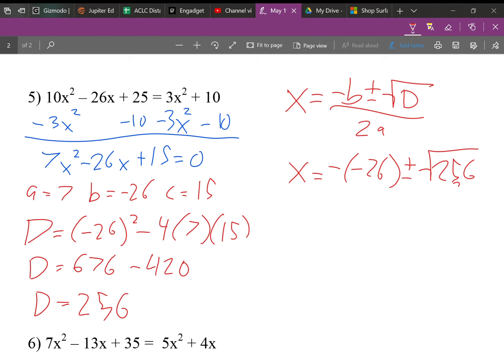And that's all over 2a, which is going to be 2 times 7. So let's go ahead and simplify these. Now the negative 26, the negatives cancel to give me just 26. Plus or minus the square root of 256 is 16. And this is all over 2 times 7, which is 14.